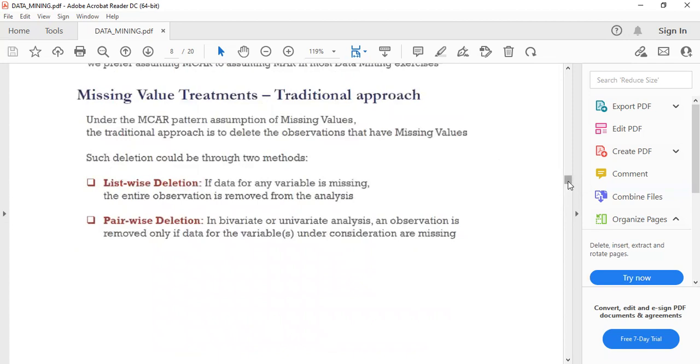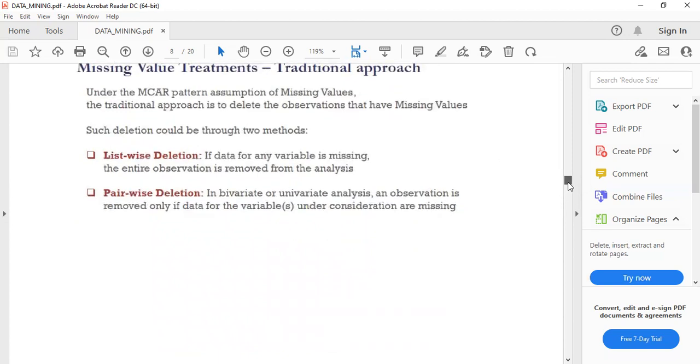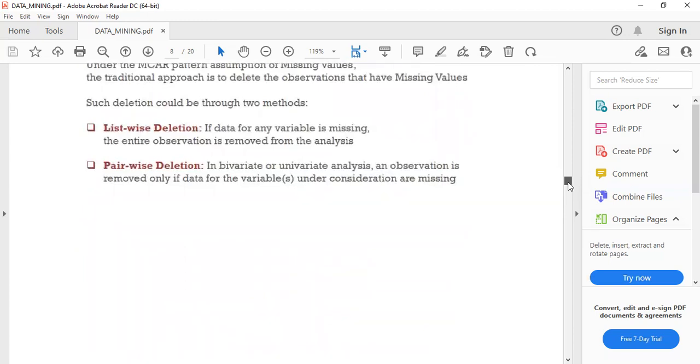In list-wise deletion, if the data for any variable is missing, the entire observation is removed from the analysis. And in pair-wise deletion, in bivariate or univariate analysis, an observation is removed only if data for the variable or variables under consideration are missing.